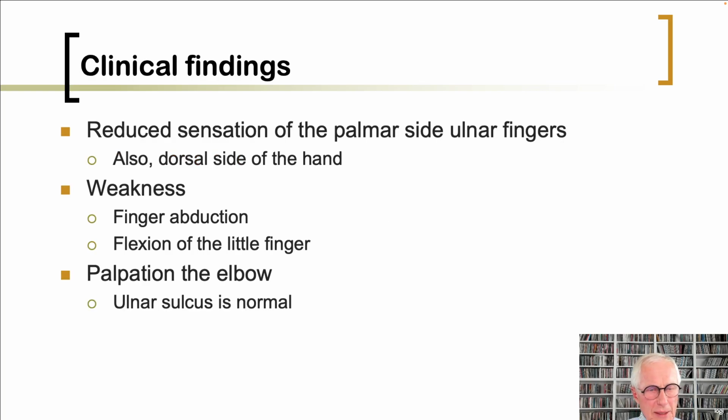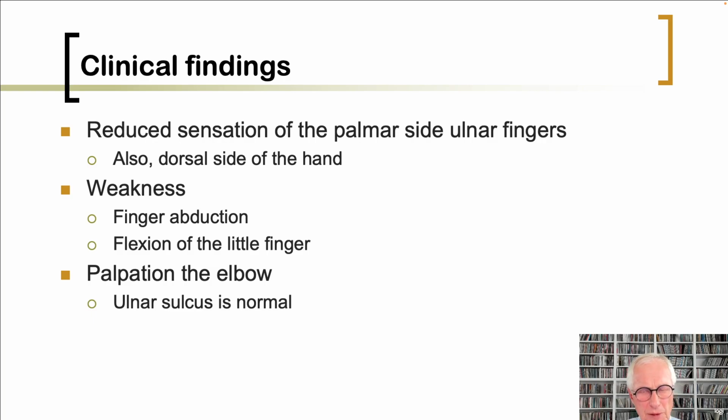Clinical findings show that she has reduced sensation over the ulnar side, both on the palmar and the dorsal side. And the little finger abduction is weak, but also the flexion of the little finger distal phalanx is very weak. The elbow is clinically normal.